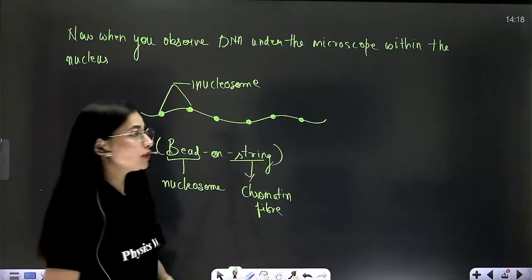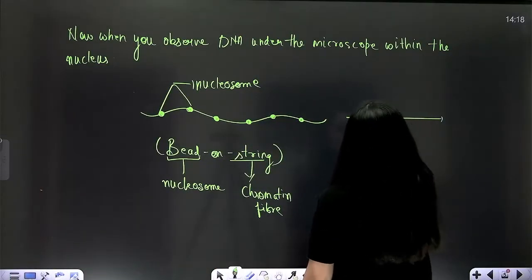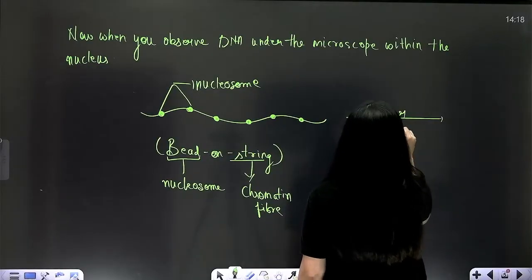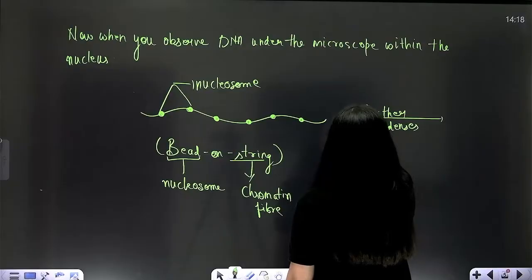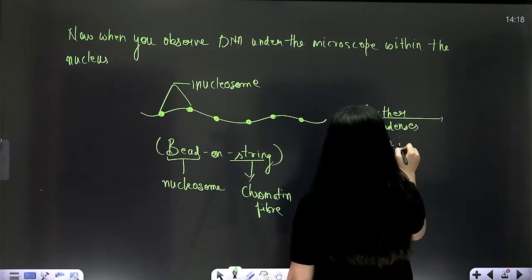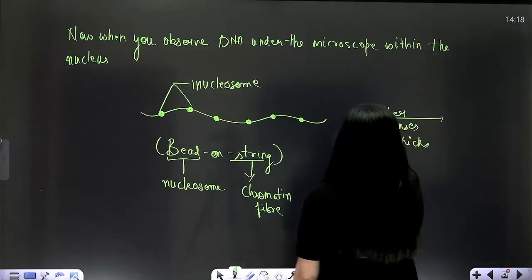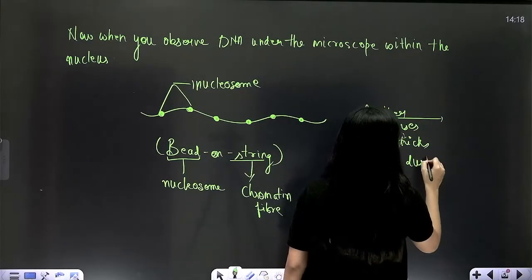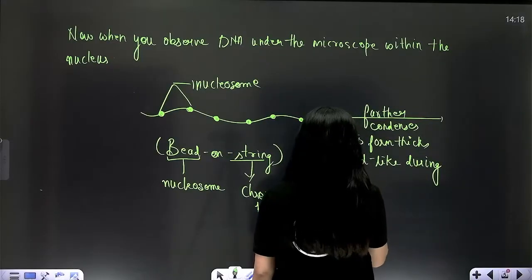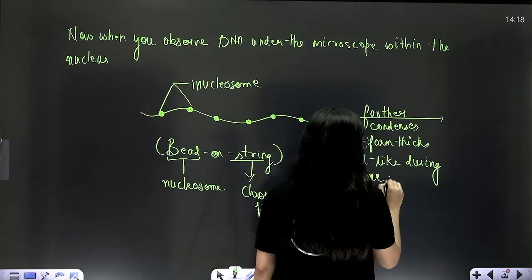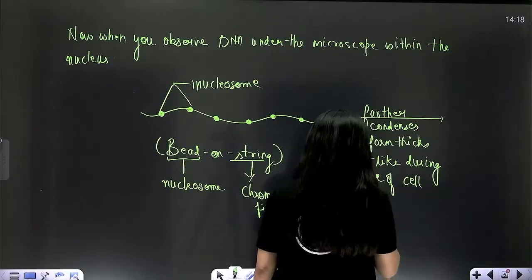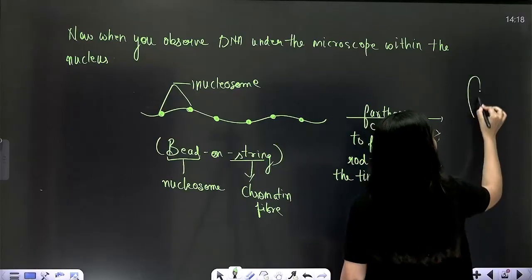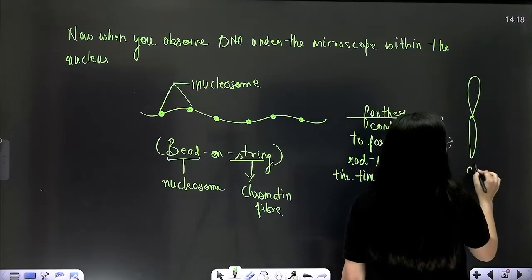Now when this bead on string structure further condenses to form thick rod-like structures during the time of cell division, to form thick rod-like chromosomes.